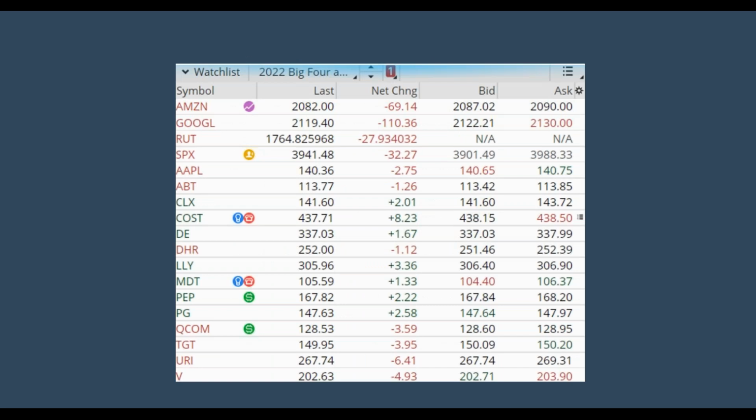This is the market basket of stocks that I watch. I look at what I call the big four: Amazon, Google, RUT, and SPX. You'll notice that the prices are very high, and you get excellent credit on these when you trade a monthly credit spread. The other is what I call financially strong stocks.